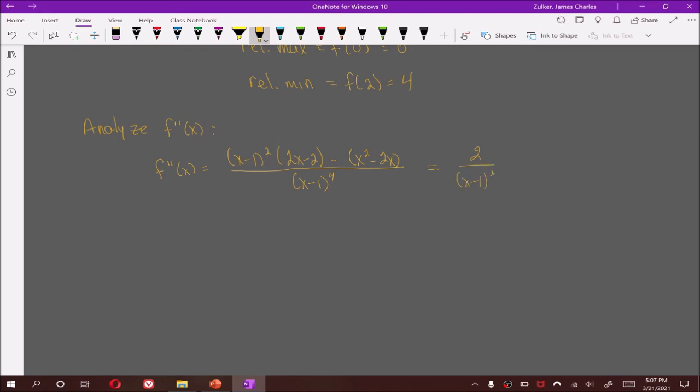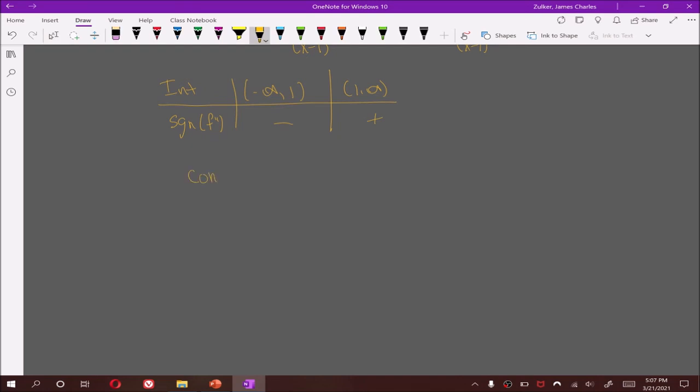Again, no inflection points. And we still need to analyze negative infinity to 1, and then 1 to infinity. And we'll get minus plus.